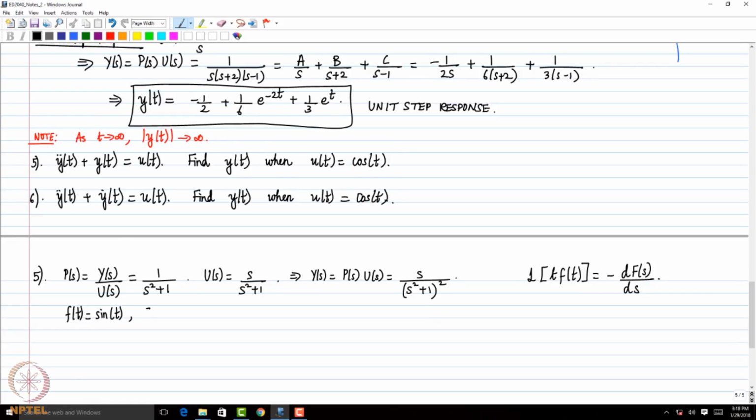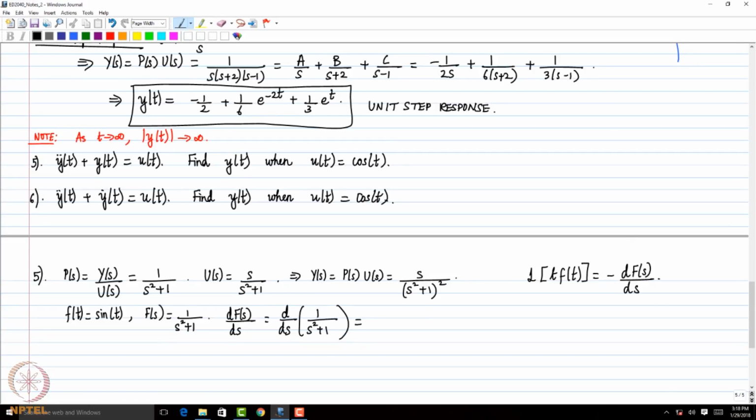I know that the Laplace transform of sin t is 1 divided by s squared plus 1. Now the first derivative of this function with respect to s is d by ds of 1 divided by s squared plus 1.